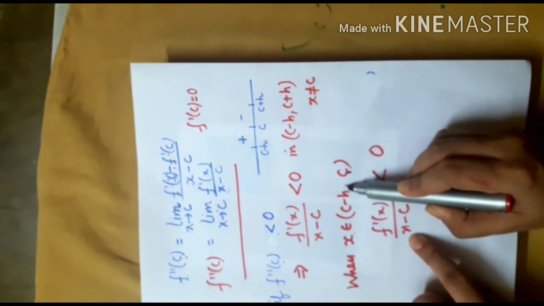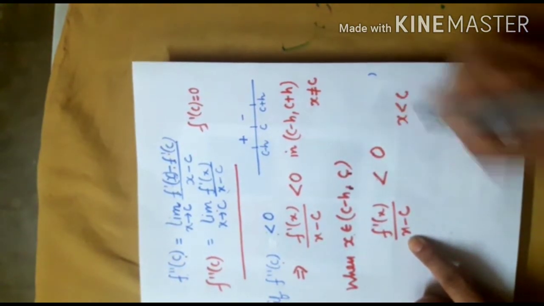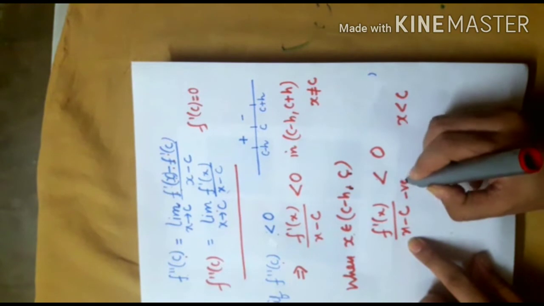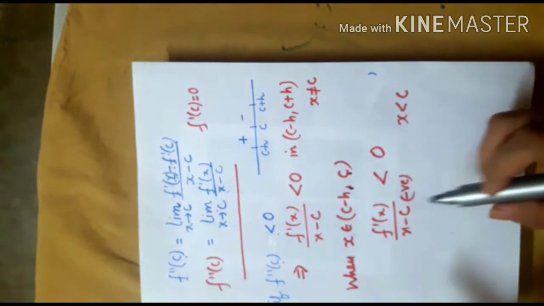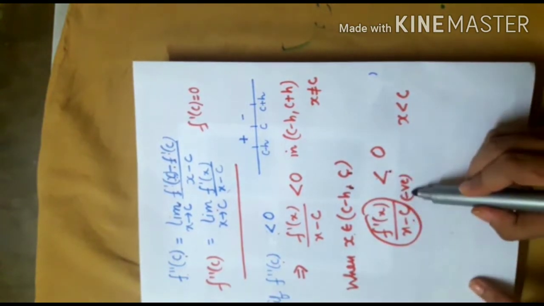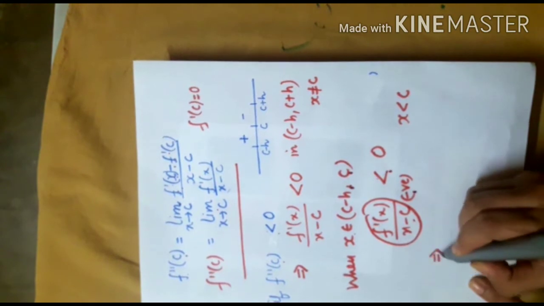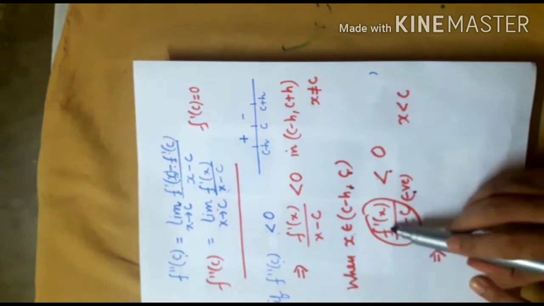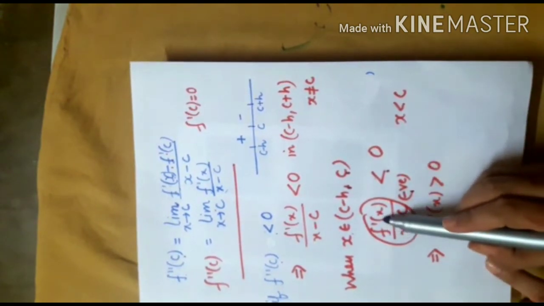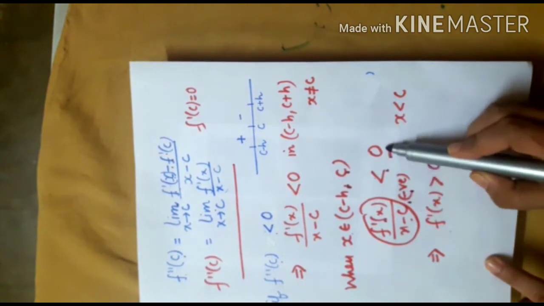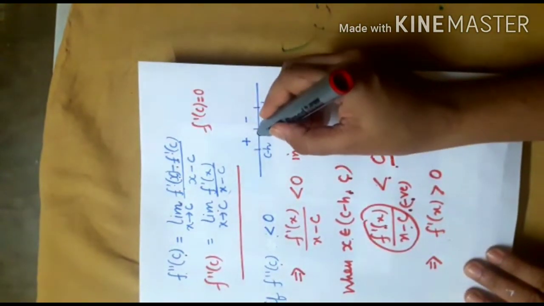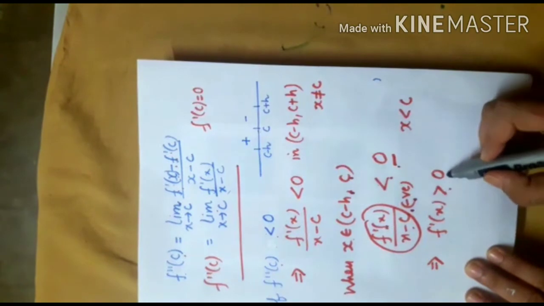As x is less than c, the denominator will be negative. Now this whole thing is less than 0 and the denominator is negative. So do you agree that this will imply that the numerator should be positive? Because positive over negative will give you a negative result. So when x lies in this part, f dash x is greater than 0.